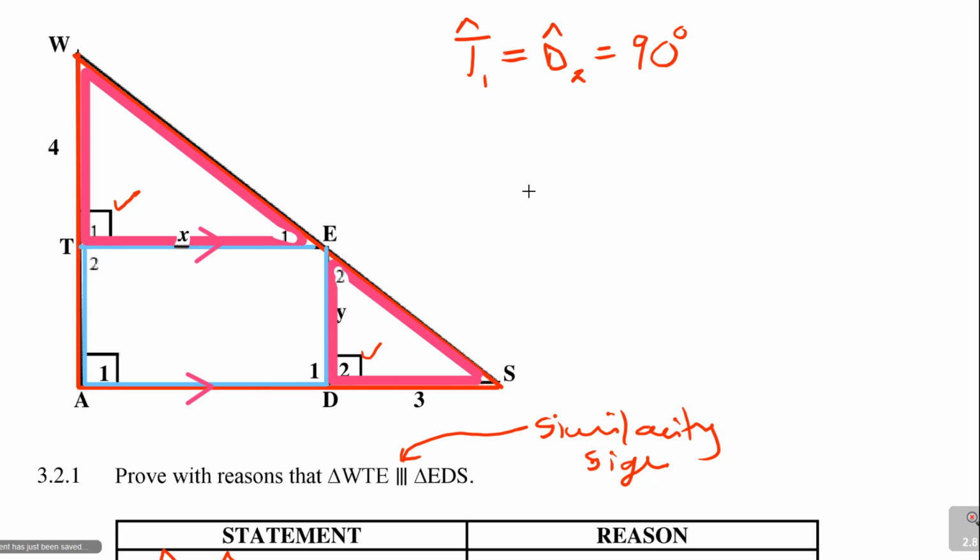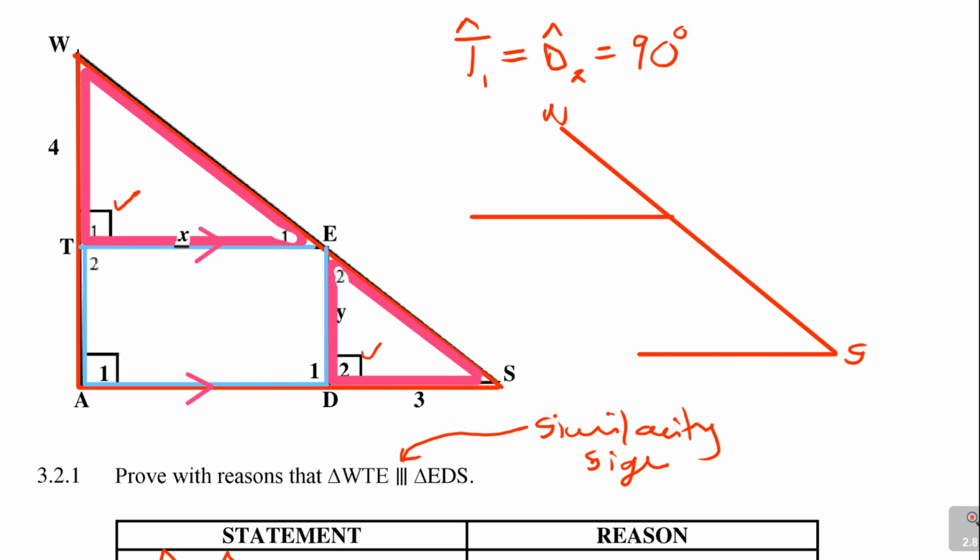So now look at this. If I give you this line here, which is my WS, and then I give you also this line, and I also give you this line, and then I tell you that this is my T and this is my A for some reason. Now look at this. Because of that, it's F. Look at the F angle here.